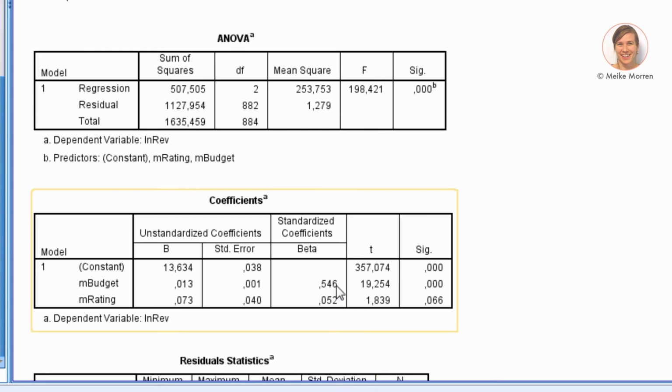So now you can actually compare them, because now the increase is labeled in terms of standard deviations instead of points. So if one would increase 1 standard deviation, the budget leads to a much greater, higher revenue than rating.